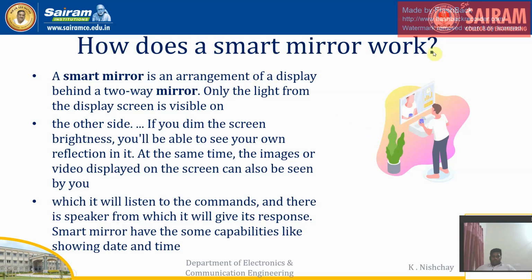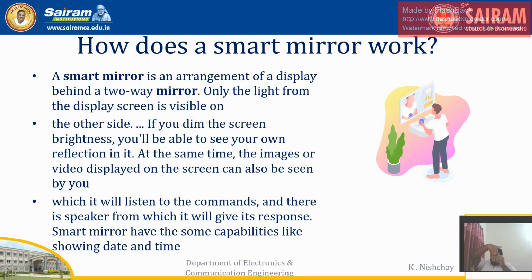How does a smart mirror work? A smart mirror is an arrangement of a display behind a two-way mirror. Only the light from the display screen is visible. As I told you, when the display brightness goes dimmer, the visibility of the monitor will be higher.